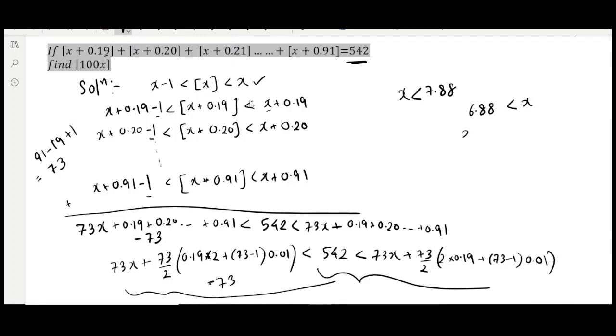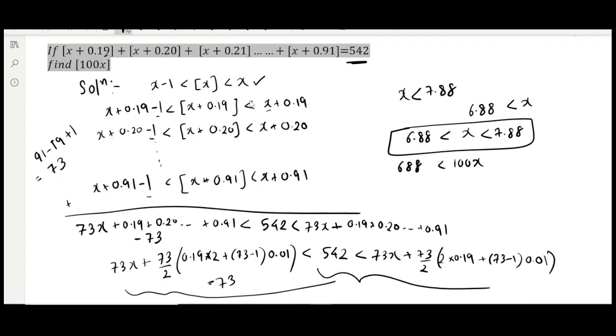So we can say that x lies between 6.88 and 7.88. So we get the range of x, but if we multiply by 100 here, we will get 688 to 788. So we are not able to get the greatest integer of 100x because the interval is quite big and there are many integers in between. This interval is not enough to get the answer, but it will be useful.